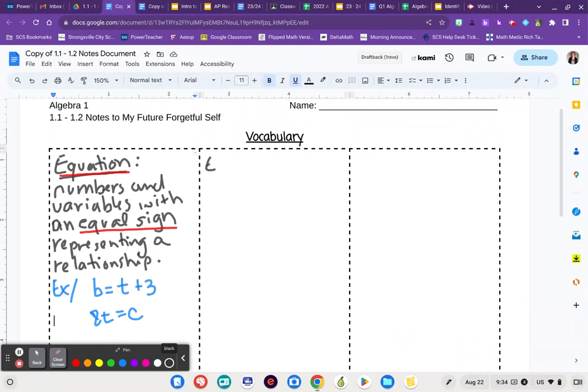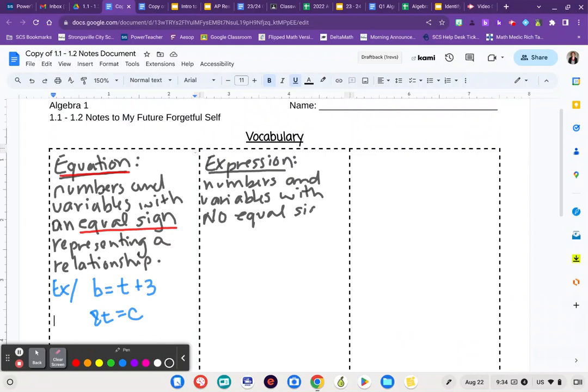Versus our other vocabulary word, which is expression. Again, it's numbers and variables. But this time it's with no, I'm going to capitalize no, that's a big deal, no equal sign.